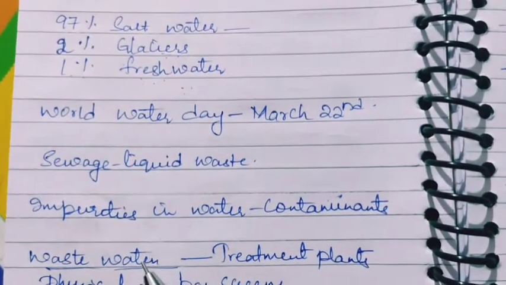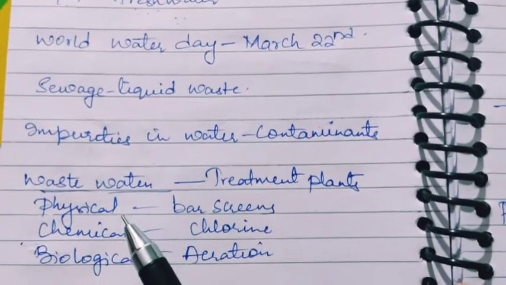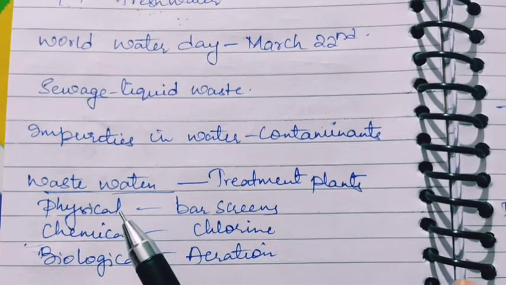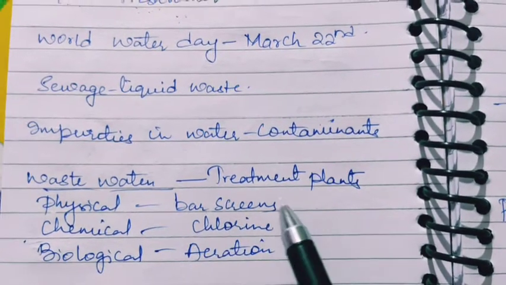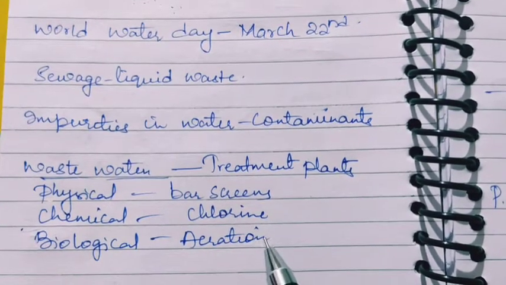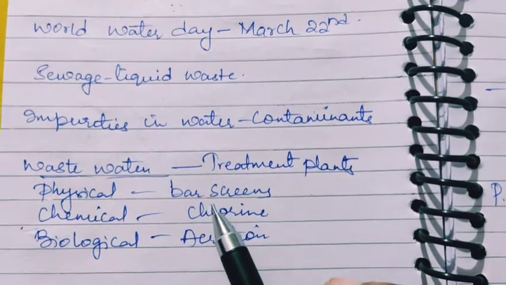So this wastewater can be treated in treatment plants in 3 different steps: physical treatment, chemical and biological. Through physical, bar screens are used. If there are any rags, sticks, cloths, they can be removed physically by using bar screens.